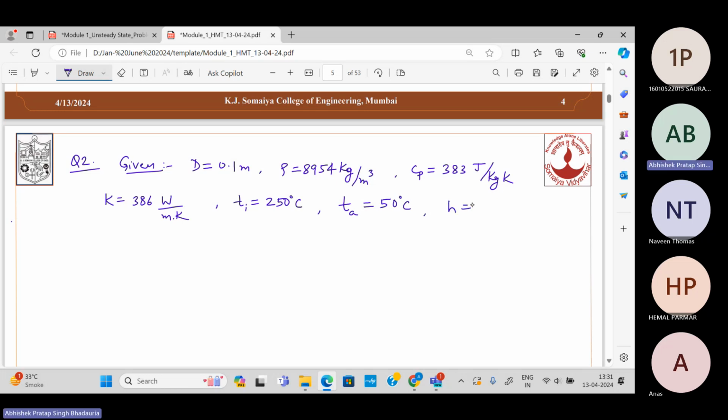Convective heat transfer coefficient value is given as 200 watt per meter square Kelvin. Time given is 5 minutes. You convert this in seconds. So 5 into 60, that is equal to 300 seconds.